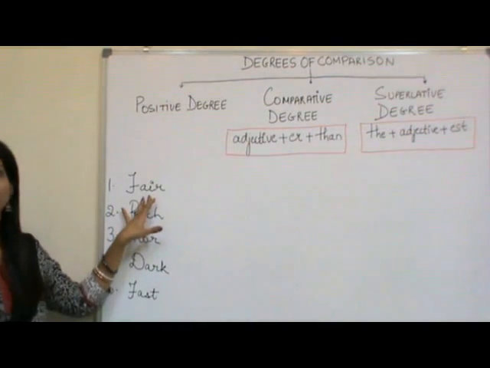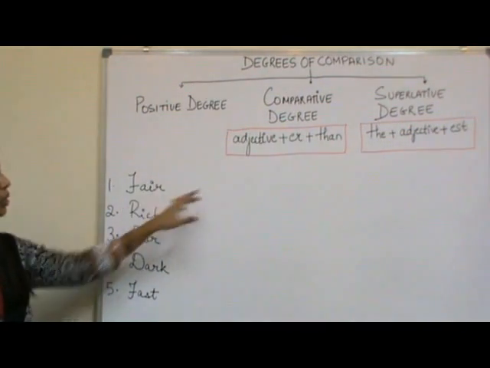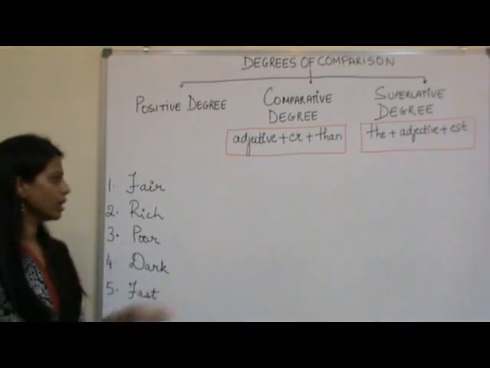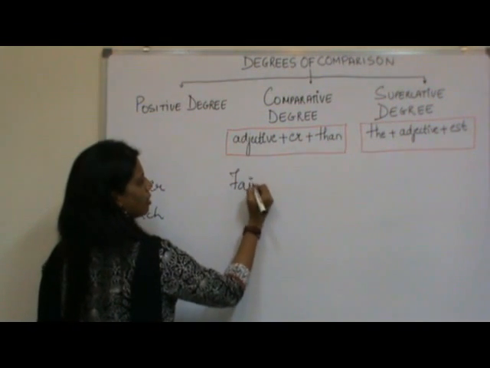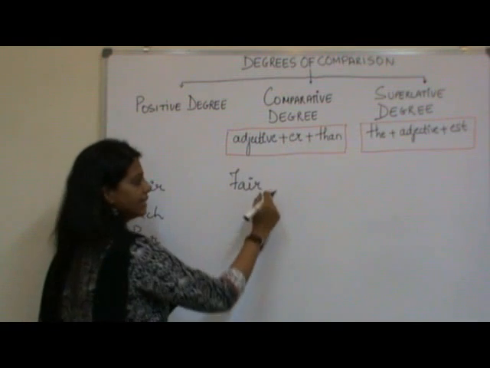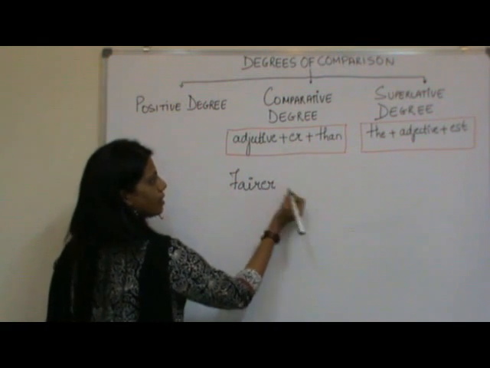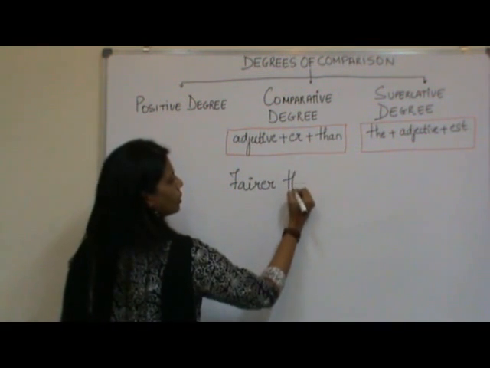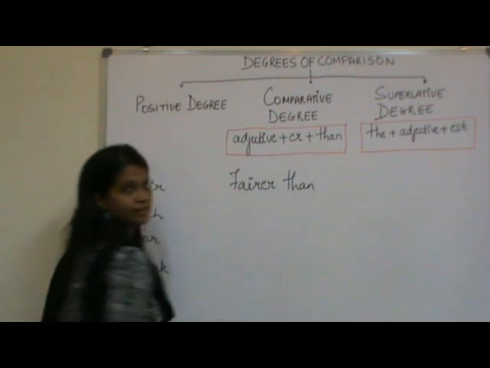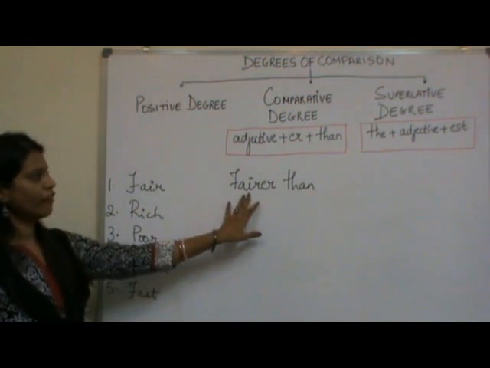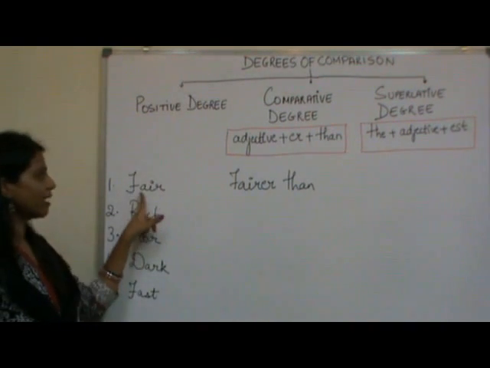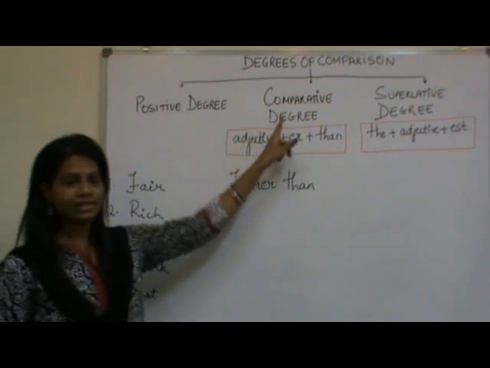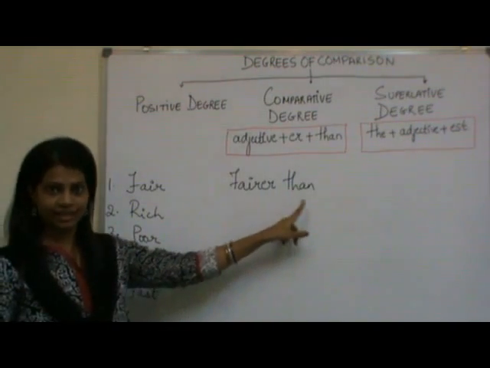The first word, fair. So for the comparative degree, you will take the adjective, add an ER to it, and then you add the word than. So you get fairer than. So in the positive degree, you had fair. Comparative degree, fairer than.